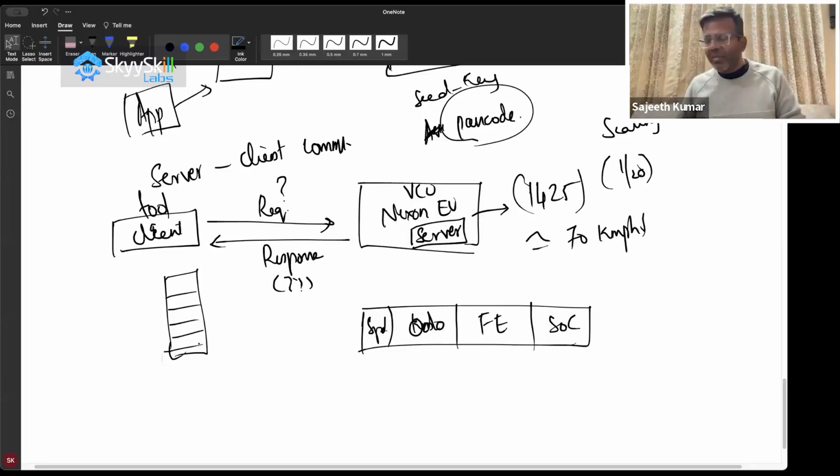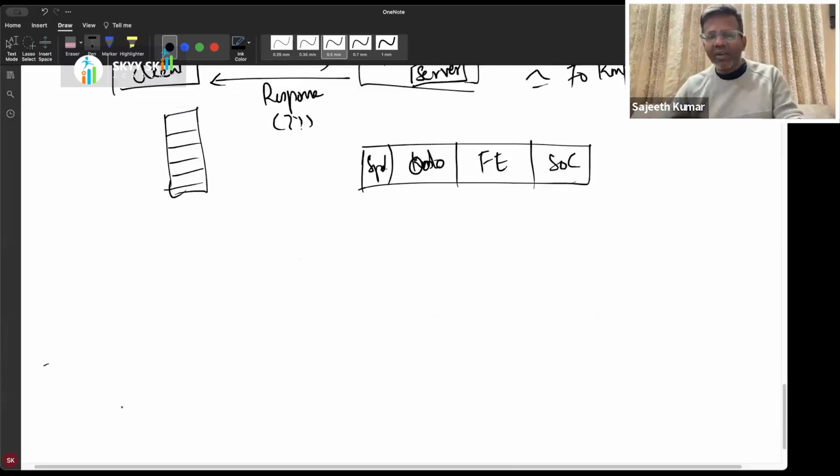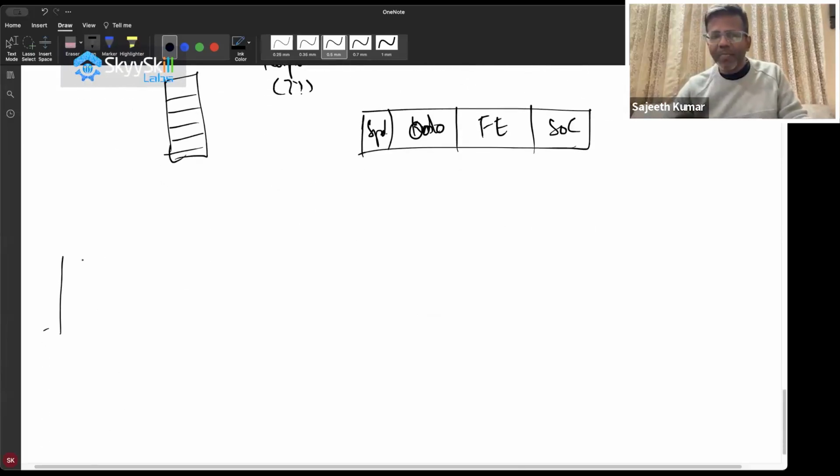Now let's repackage it from the sense of bringing machine learning and AI into it. What exactly are we trying to do? There is a car, and the car has a lot of signals coming out on the CAN bus.